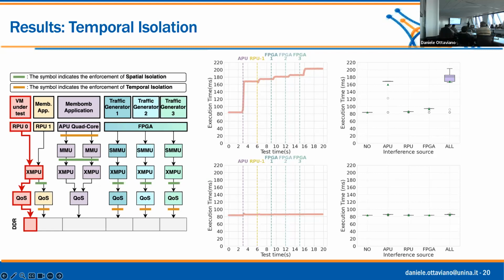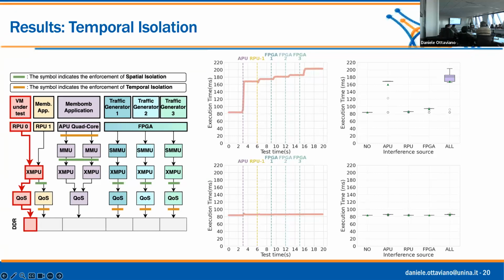Execution times grow up to 200 milliseconds. What happens instead if we protect from both the spatial and temporal point of view? The execution time has some micro spikes when the specific core starts, but something that can be calculated and considered during real-time analysis.